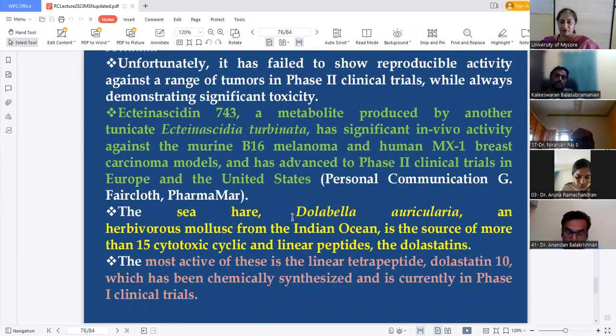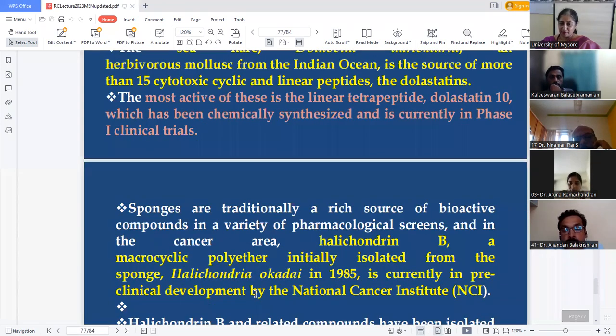Tunicate, then a herbivorous mollusk called the sea hare, Dolabella auricularia, from the Indian Ocean, is also the source for the production of 15 cytotoxic cyclic and linear peptides, the dolastatins, of which one, that is dolastatin 10, has been chemically synthesized and is currently in phase 1 clinical trial. So this is the potency.